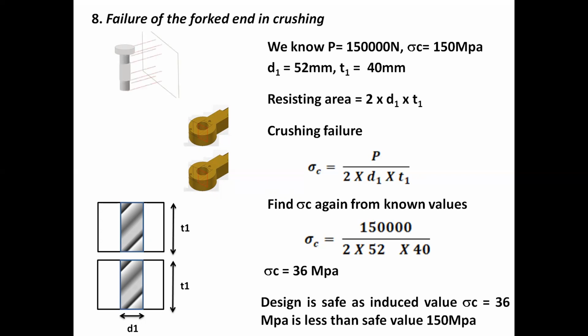No induced stress, neither tensile, shear nor crushing, can fail our pin, single eye and fork end. So all are safe. That completes our problem of the knuckle joint, and here we understand all the different kinds of failure in our single eye, fork end and pin. So this completes our knuckle joint numerical.